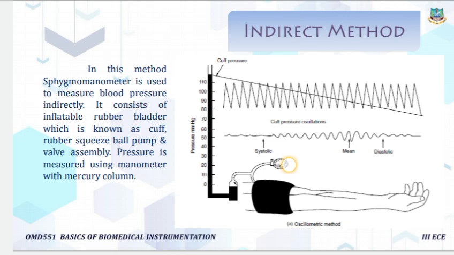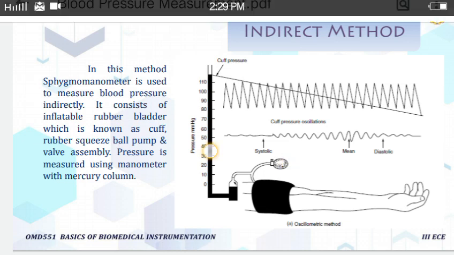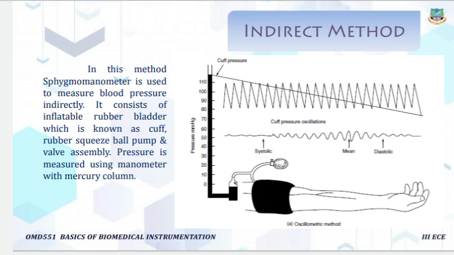Then he watches the mercury column. This is the mercury column. After reducing the pressure in this cuff, the doctor will watch the mercury column when the systolic pressure exceeds the cuff pressure.